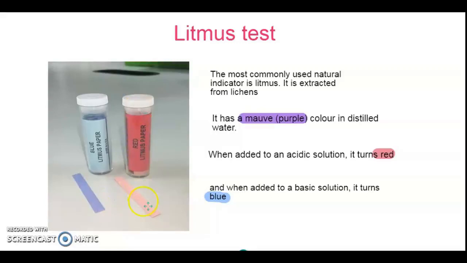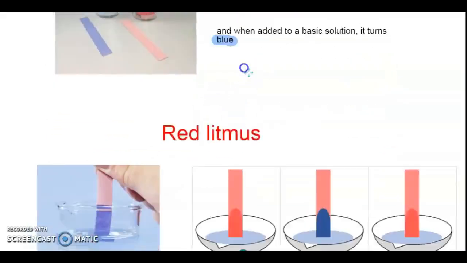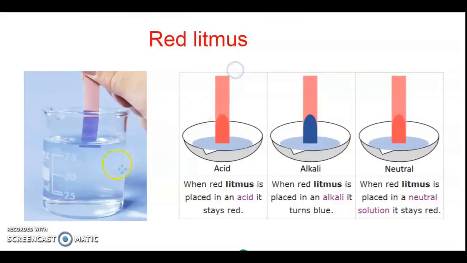So there are mainly two types of litmus paper that is used in lab. That is the red litmus paper and the blue litmus paper. Now let's study about each of these paper in detail. So what happens to a red litmus paper? How can we detect whether a given substance is acid or basic from a red litmus paper?